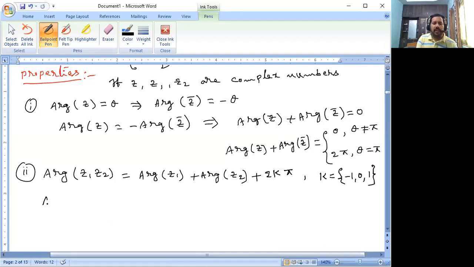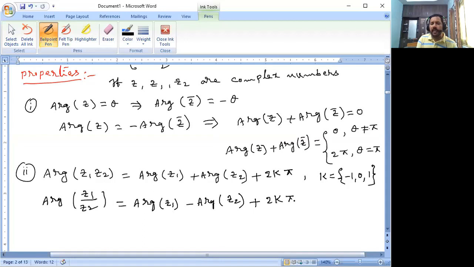Okay. Next, argument of z1 divided by z2. If there is division, here we get minus: argument of z1 minus argument of z2, where the amplitude lies between minus pi to pi. This is the formula, or you can use 2k pi, where k value is minus 1, 0, 1. Okay.